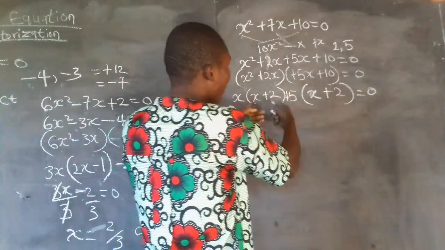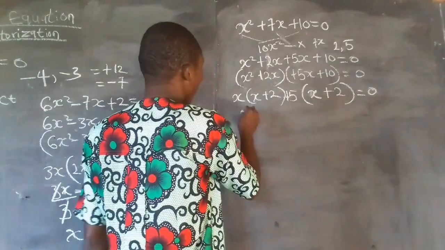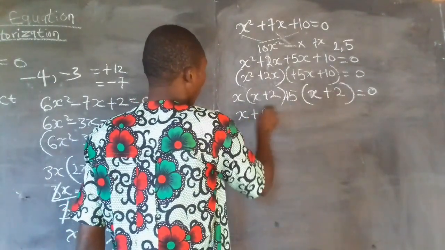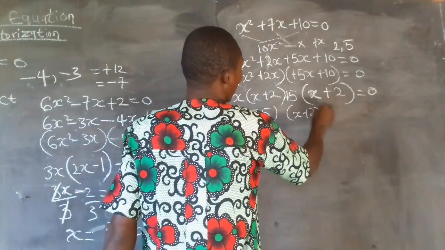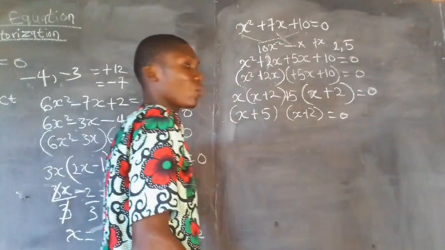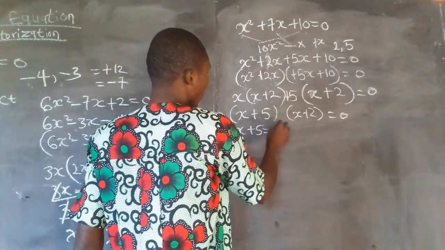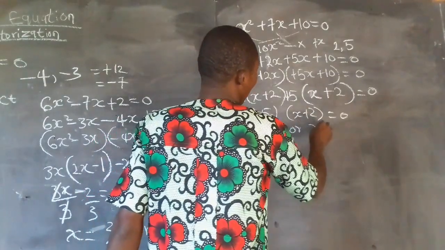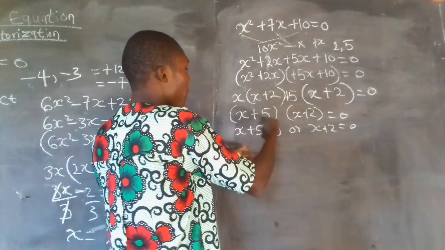So since you have this bracket to be the same, pick a bracket and then you have this outside. So we group x plus 5 and then x plus 2. Everything is equals to 0. Opening our bracket, we have x plus 5 equals to 0 or x plus 2 equals to 0.